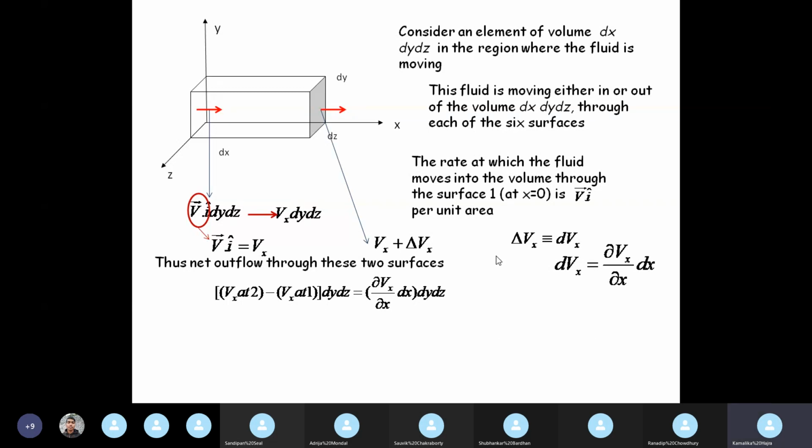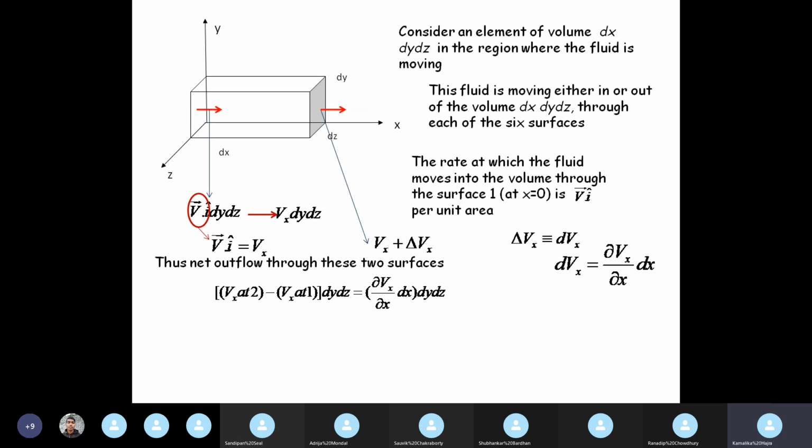But this we saw, basically it will be Vx plus delta Vx minus Vx. So we are left with delta Vx. But delta Vx is dVx and dVx is del Vx del x dx. So we have del Vx del x dx multiplied by dy dz. So the result of the left and right surfaces is del Vx del x dx into dy dz.